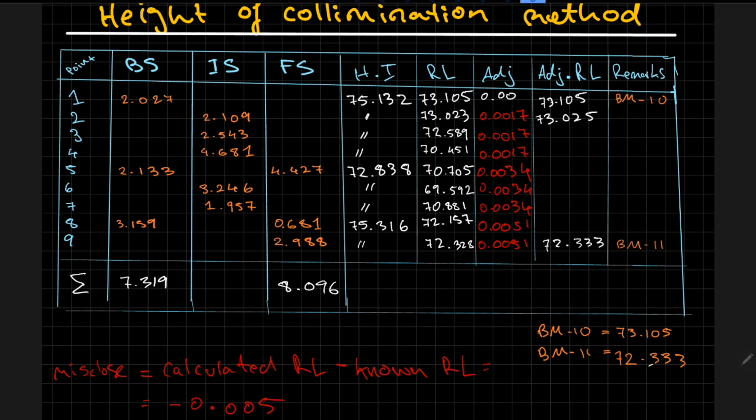Okay, now that our adjustments have been made, we can go ahead and add the adjustment to our reduced level. This is the easiest part. We're just going to add the reduced level plus the adjustment, and this is going to go here.